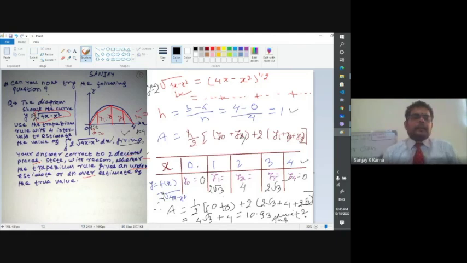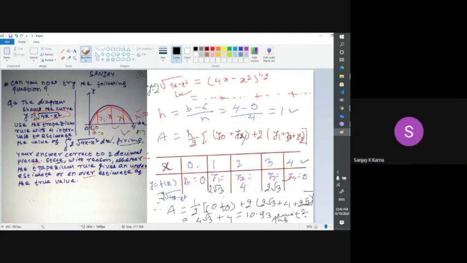Now it says to state with reason whether the trapezium rule gives an underestimate or overestimate of the value. The area we have got is 10.93 square units, but from the figure you can see there is a lot of gap between the straight lines and the curve.